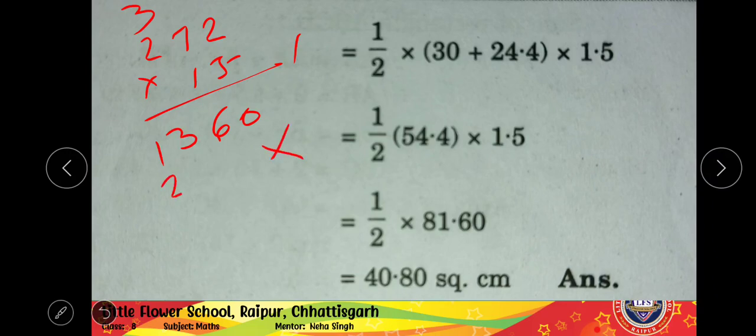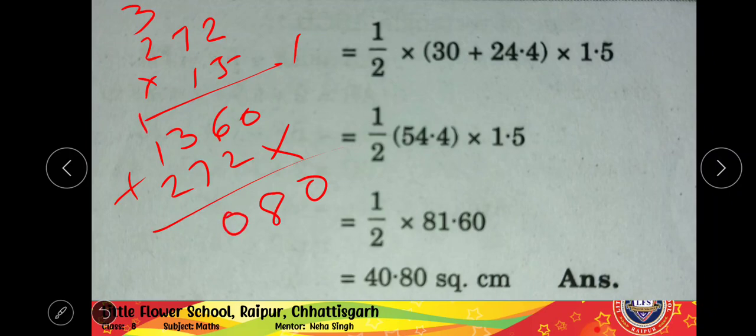Now 272 will be as it is, 1 2s are 2, 1 7s are 7, 1 2s are 2 again. Now we'll add these two: 0, 6 and 2 is 8, 7 and 3 is 10, 0 and 1 carried, 2 and 3 is 4, 4 0 8 0.